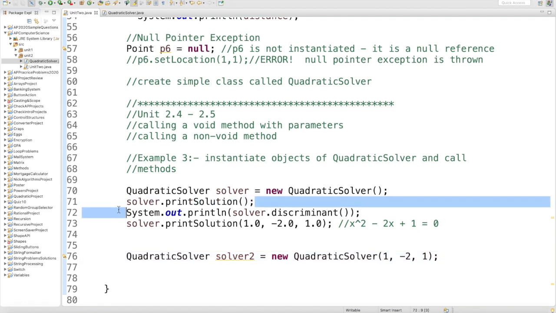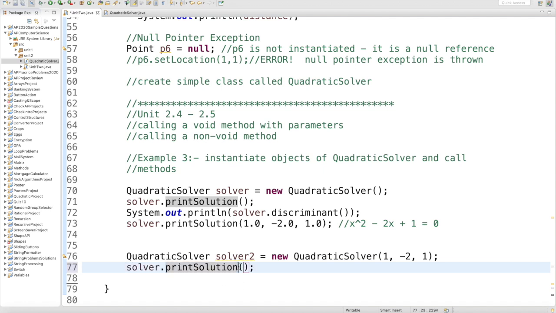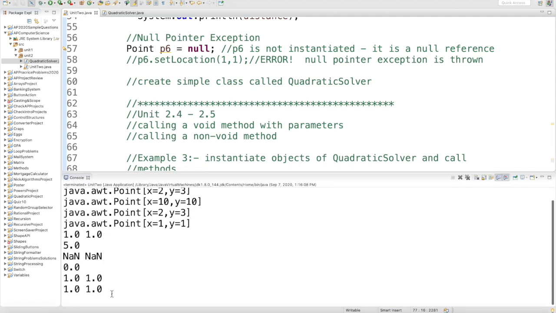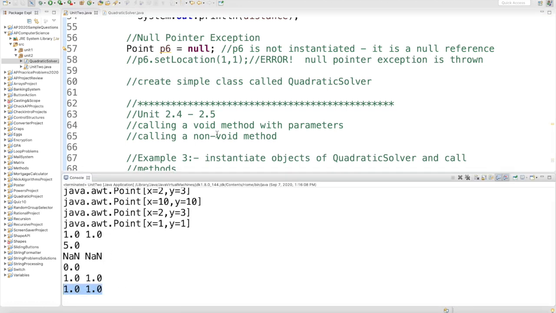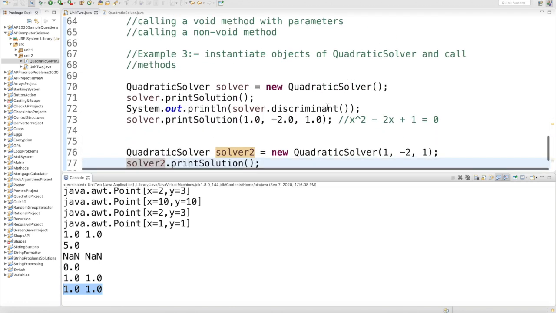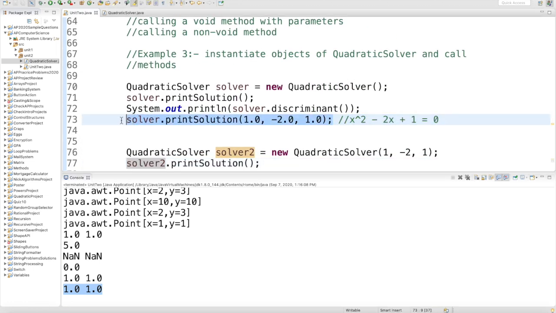So what if I said to quadratic solver 2, print your solution? Okay? So quadratic solver 2, print your solution. And run that again. And here we have it. See, quadratic solver 2 printed the same solution that I got here from the first quadratic solver.